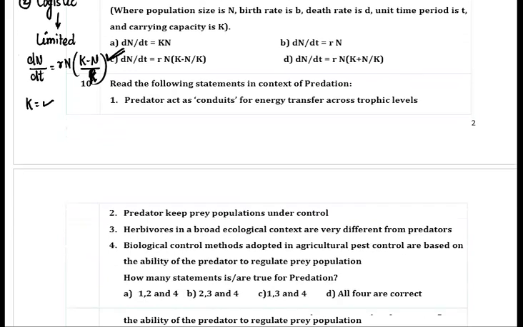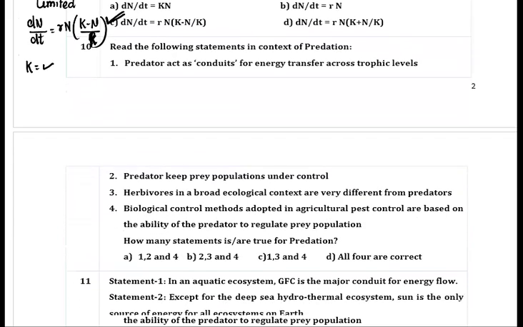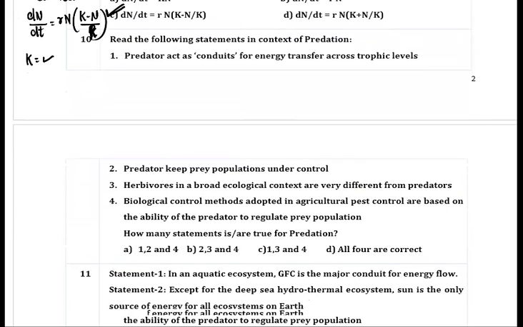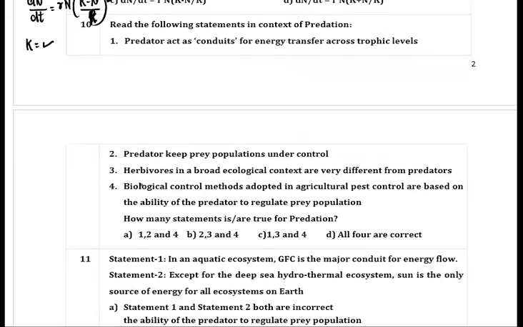Now next, read the following statements in context of predation, and it is asked how many statements are true. Let's see the statements. Predators act as conduits for energy transfer across trophic levels. That is true, as given in NCERT. Predators keep prey populations under control.